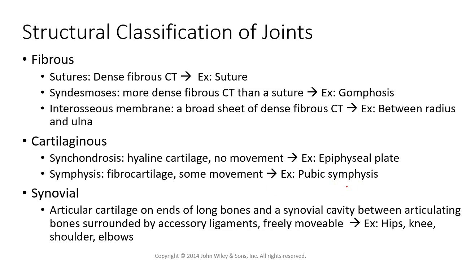So pubic symphysis, also the intervertebral disc between the vertebra. And then the synovial classification, these are going to have articulating bones, freely movable, several ligaments to help stabilize these joints, and we have a synovial cavity.